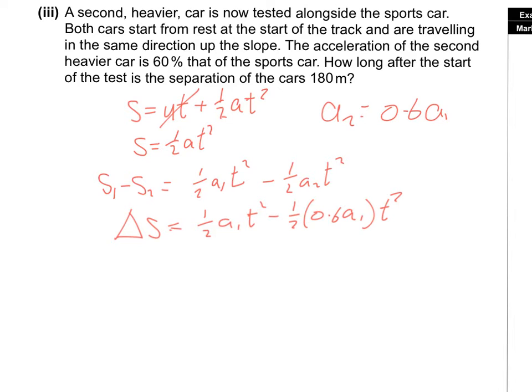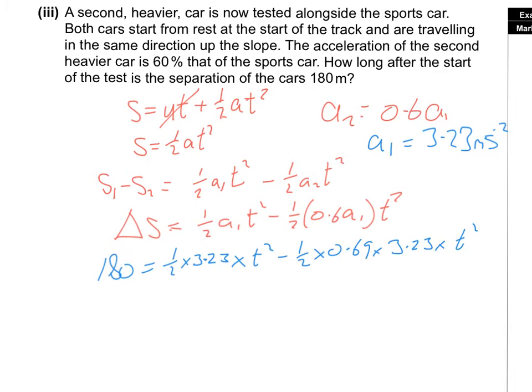So we can fill this in now because we know everything except t. And we know from the first part that a1 is 3.23 meters per second squared. So we're looking for the time when this separation goes to 180. So 180 equals a half times a1 times t squared minus a half times a2, which is 0.6 of a1, times t squared.